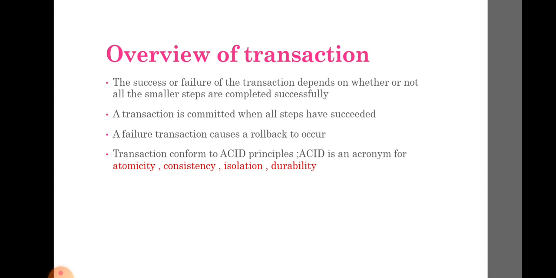Okay. The overview of transaction. The success or failure of the transaction depends on whether or not all the smaller steps are completed successfully. For example, account holder X needs to transfer ₹1000 to account holder Y. While account holder X is transferring 1000 rupees to account holder Y, at that time there may be a system failure or power failure, or anything else.